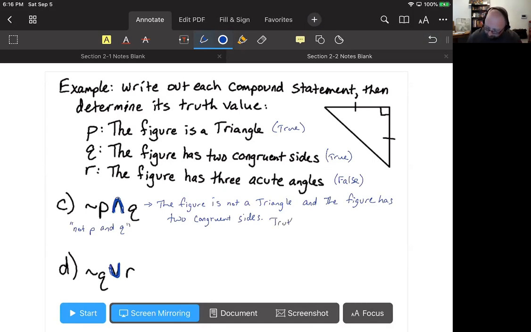If both parts are not true, then a compound statement formed with and, a conjunction, you cannot have a true conjunction unless both parts of the conjunction are true. So the fact that this part here is false makes the entire statement false.